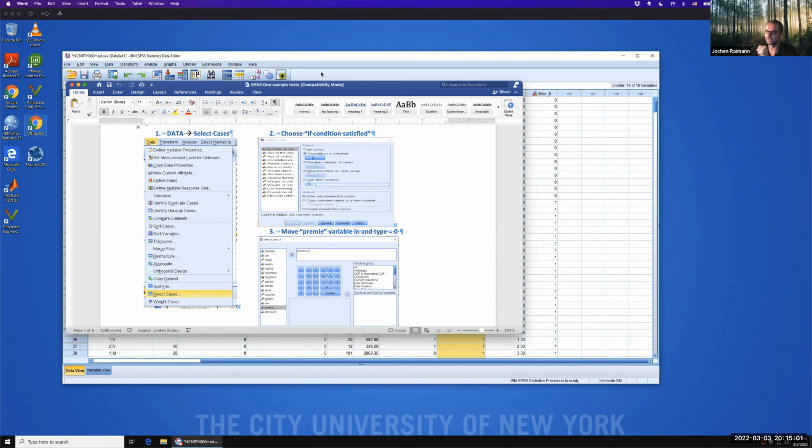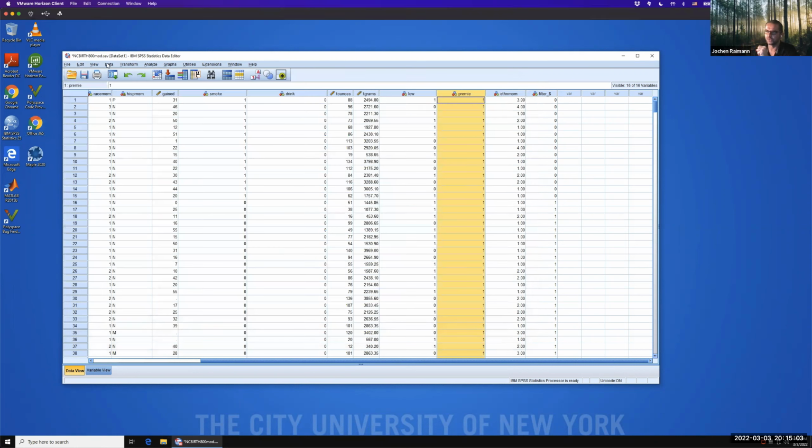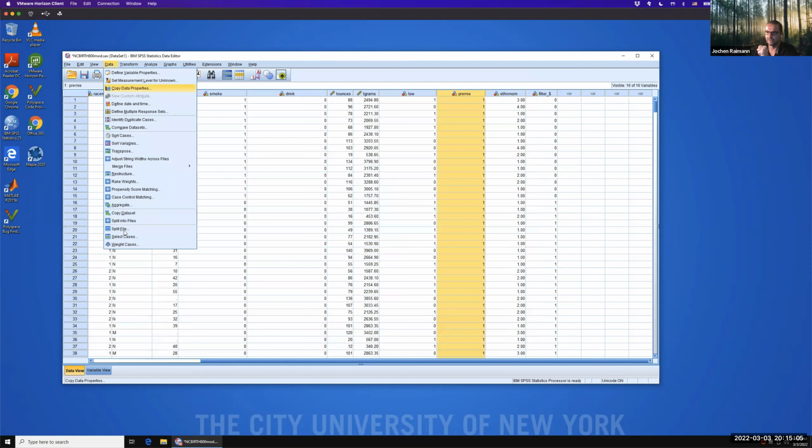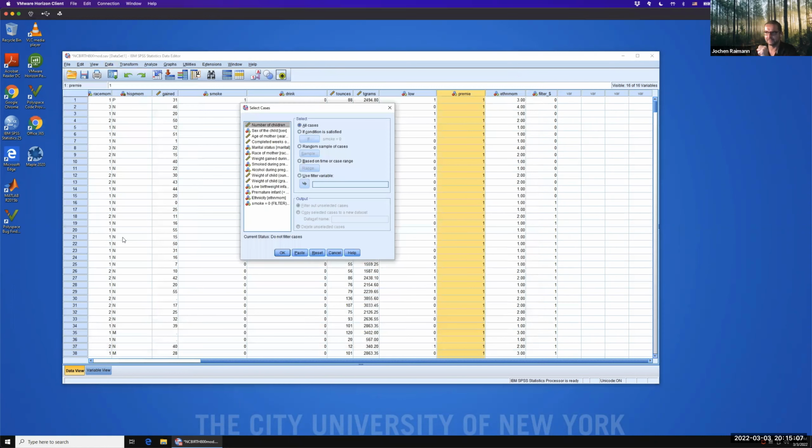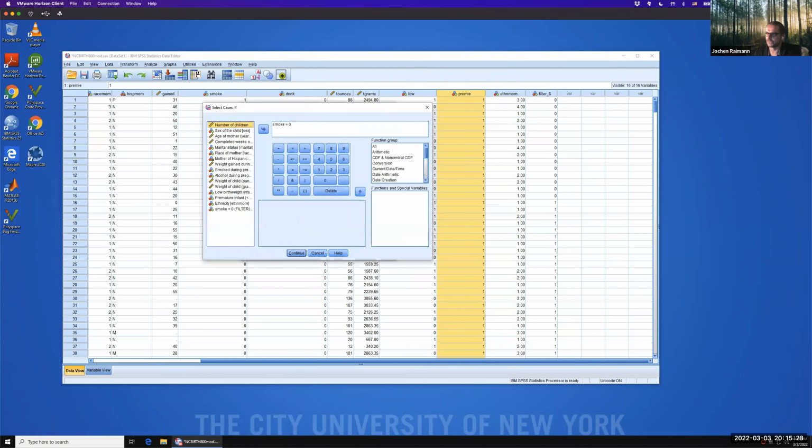So a premature birth. You go on data, you go on select cases. And here you have several possible options that you can employ. The easiest one is all cases, which is always all rows, all case entries. If you go on if condition is satisfied and you go on if, here you can actually define what you're interested in.